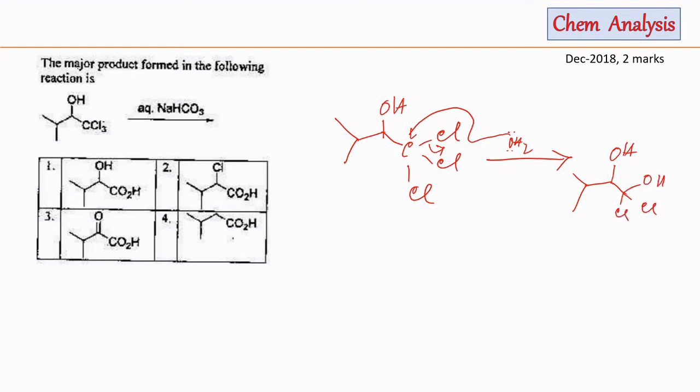Here there will be OH2 plus and Cl minus, and that Cl minus can abstract one H plus from this OH2 plus group and will form this species.